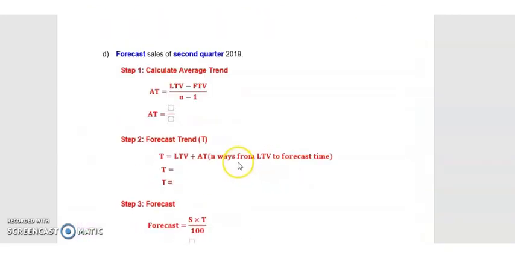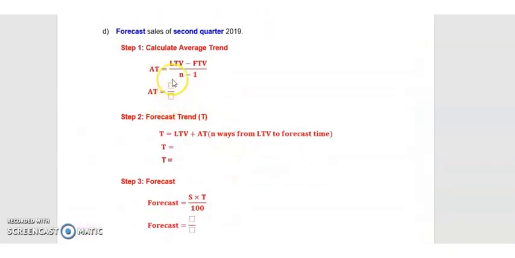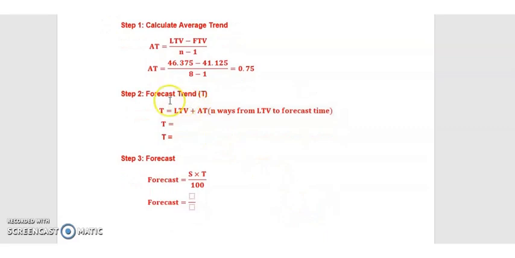So the average trend is 46.375 minus 41.125, divided by n, just now 8, minus 1. When you calculate this, the average trend is equal to 0.75.